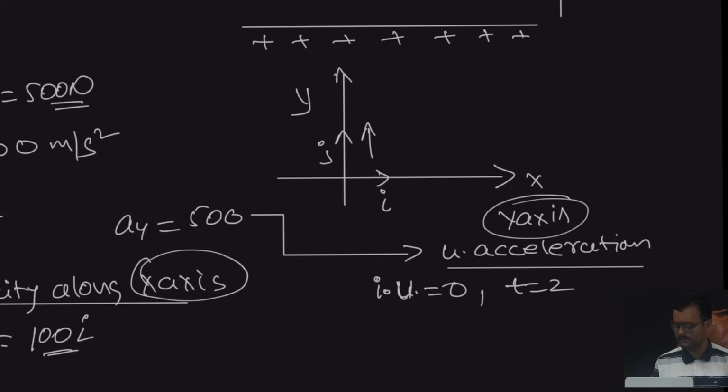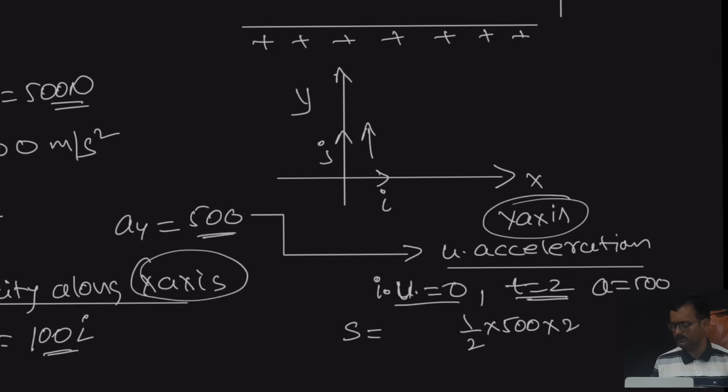Along the y-axis, initial velocity is 0, time is equal to 2 and acceleration is 500. So what is the suitable kinematic equation to calculate the displacement? You know, S is equal to ut plus half at square. So u is 0, so this term becomes 0. What is a? That is 500, and time is 2 seconds.